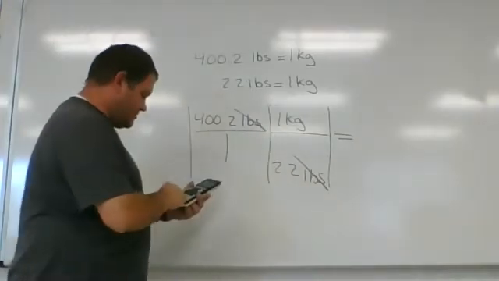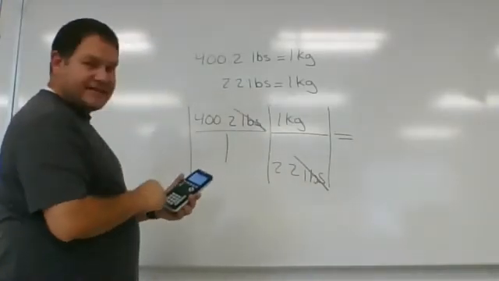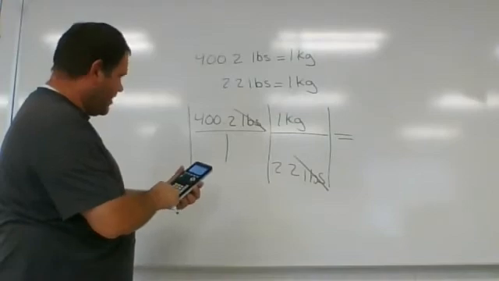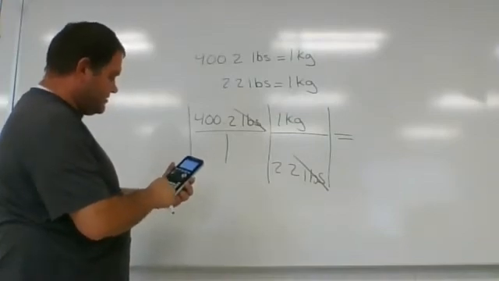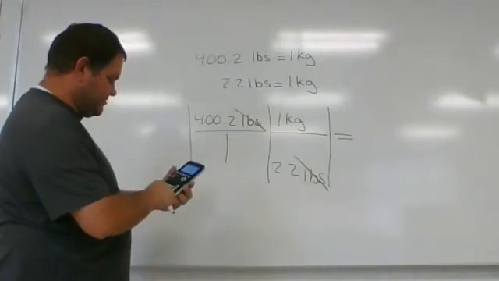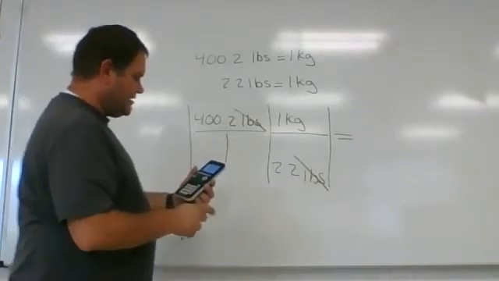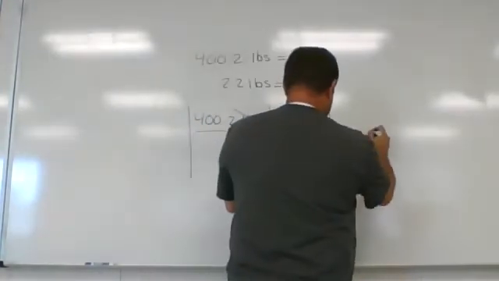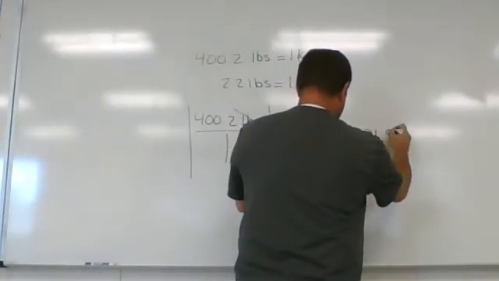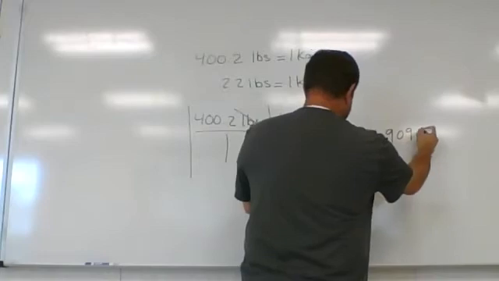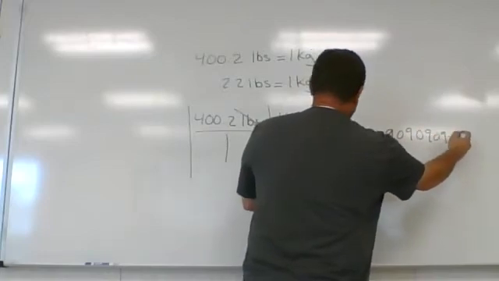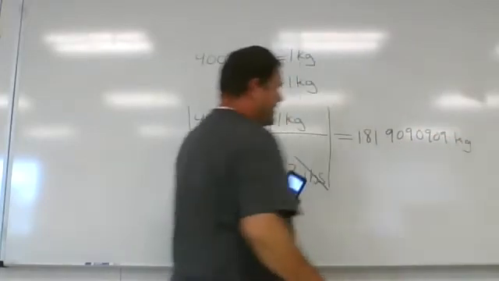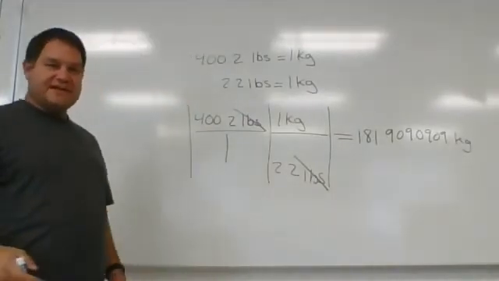Again, since that's 1, I'm going to take my trusty calculator, hopefully, 400.2 times 1 divided by 2.2, and I get 181.9090909 kilograms.